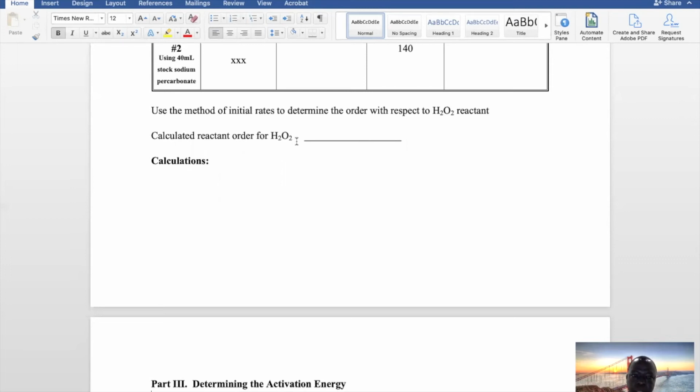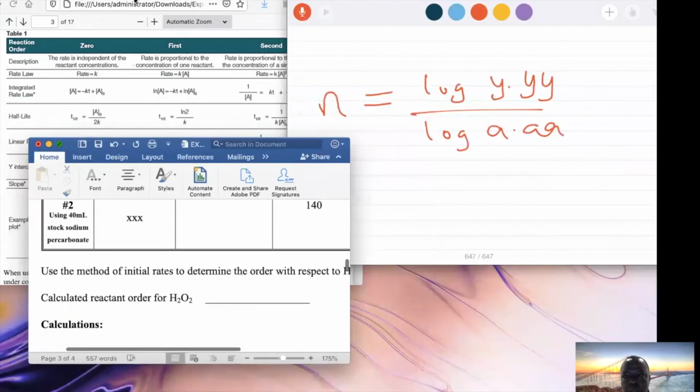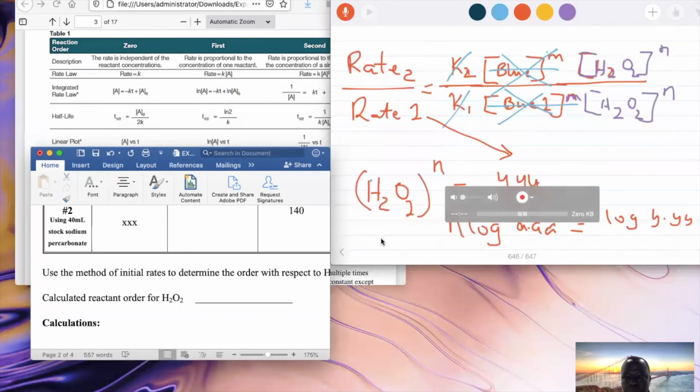Go back again to my whiteboard and follow the setup so that you end up showing me how you arrive at the reaction order. Make it a whole number. Don't say it is 1.38 or 0.5. If it is 0.5, that is 1. If it is 1.1, that is 1.